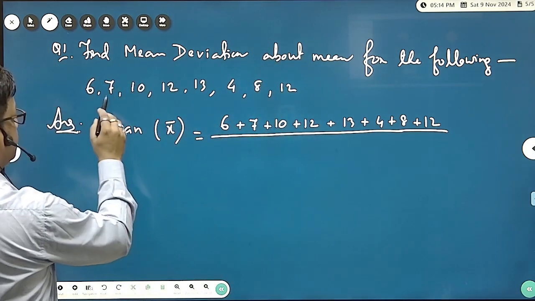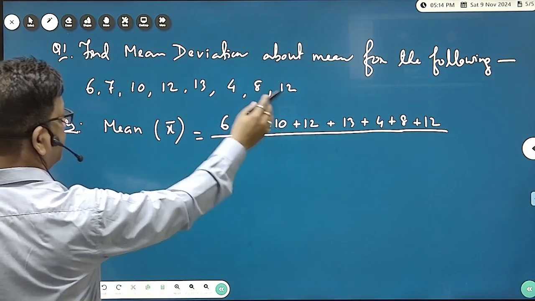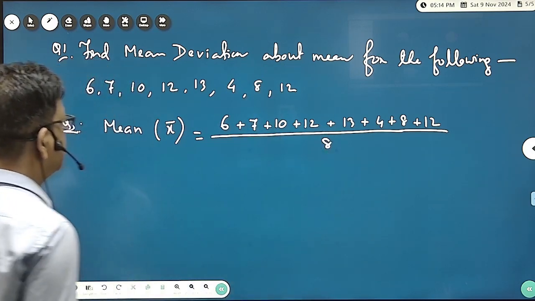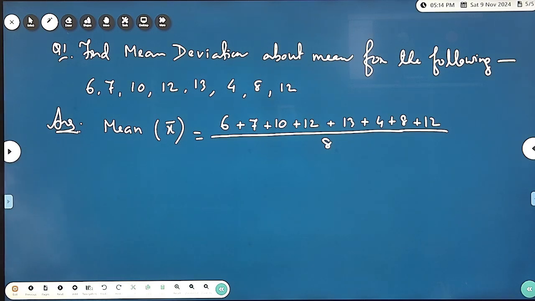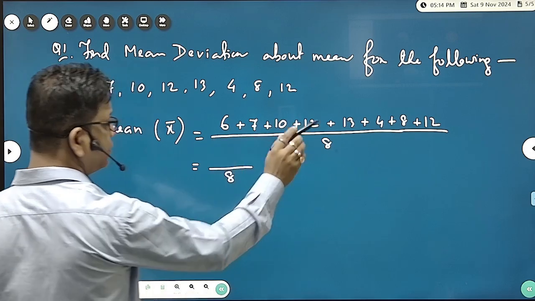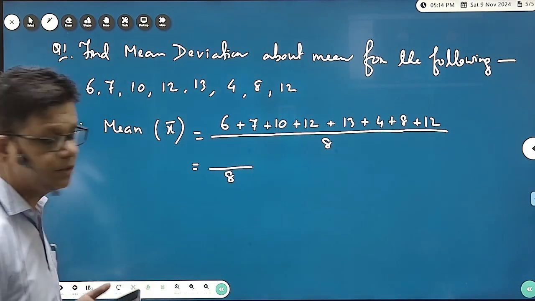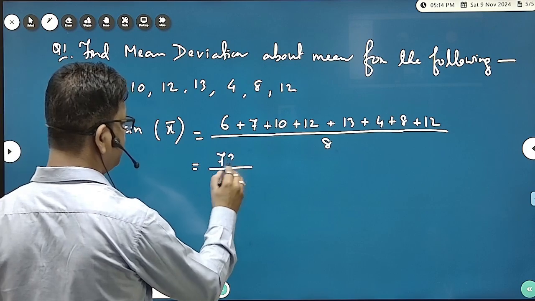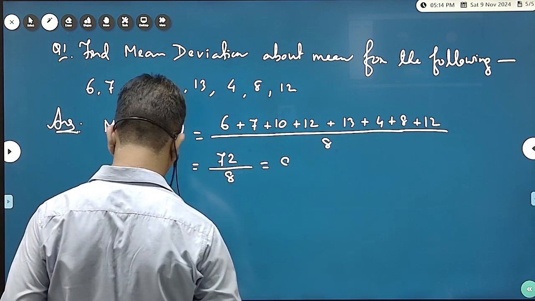I can see 1, 2, 3, 4, 5, 6, 7, 8 observations. Yes or no? Can you please help me out? 72. So this is 72 by 8, that means 9, right?